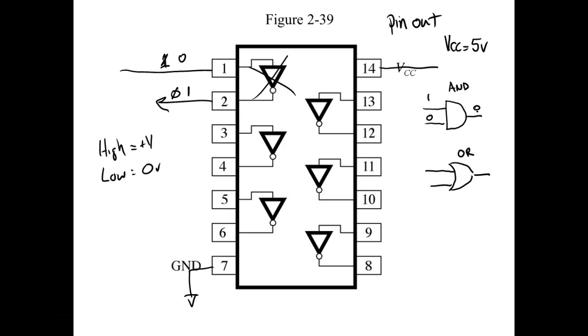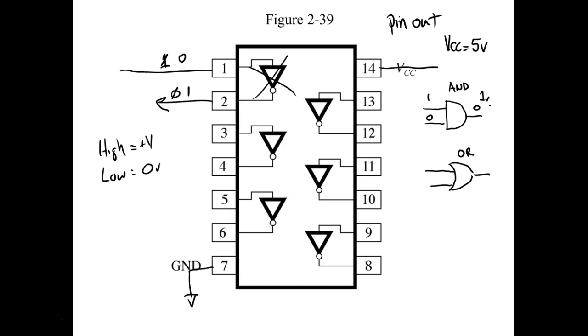So we need to know the range. If it's supposed to be low, 0 volts, and it's sitting at 1 volt, I know I've got a problem, right? You understand? But how high can it go and still work with all the neighbors downstream?